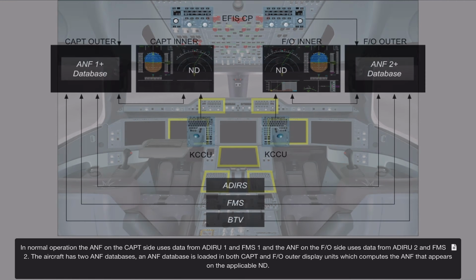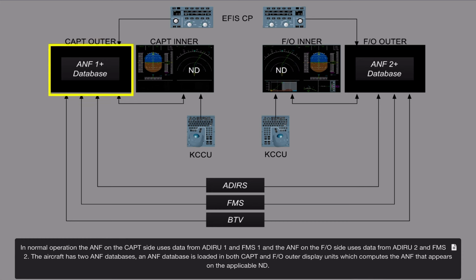In normal operation, the ANF on the captain's side uses data from ADIRU 1 and Flight Management System 1, and the ANF on the first officer side uses data from ADIRU 2 and Flight Management System 2. The aircraft has two ANF databases. An ANF database is loaded in both captain and first officer outer display units, which computes the ANF that appears on the applicable ND.